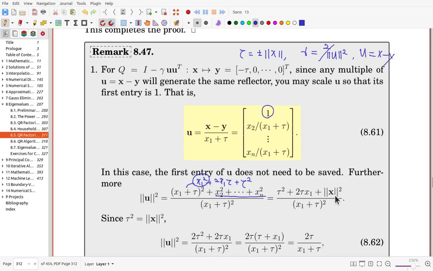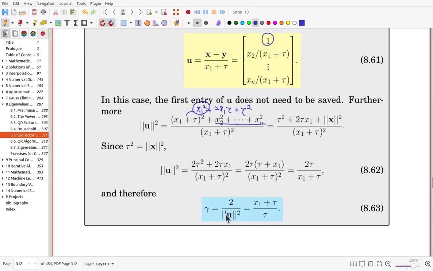So we reach that quantity for the numerator. Now, tau is plus or minus the norm of x, so tau squared must be the same as the norm of x squared. So this one and that one are the same. So we have 2 tau squared and 2 tau x1. We can factor out 2 tau, and we can cancel tau plus x1, bottom and top. So we reach this quantity.